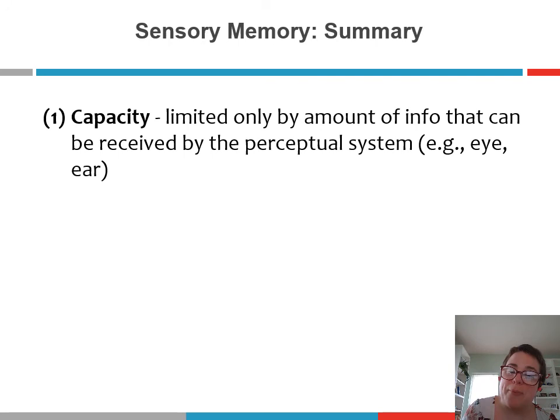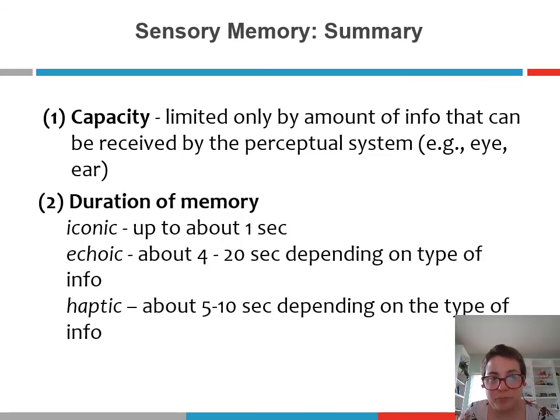Right? So the capacity of sensory memory is virtually unlimited. Whatever you register in your senses, whether it's visual, auditory, or tactile, that information, at least initially, is going to be registered in sensory memory.